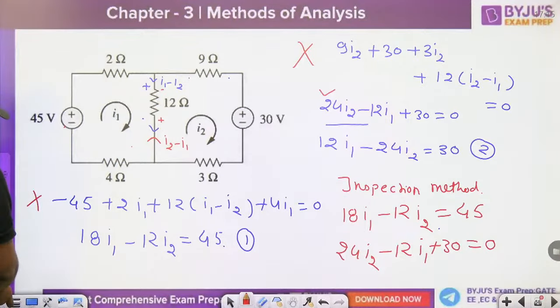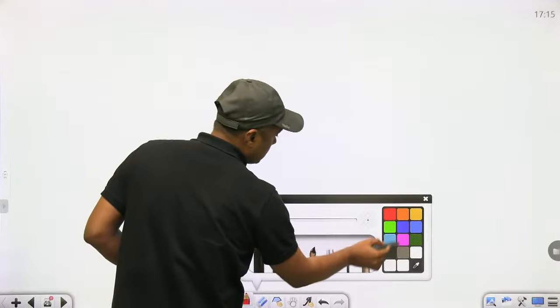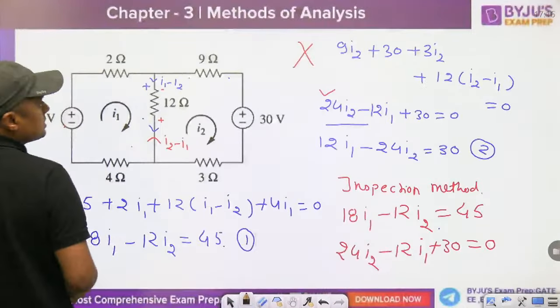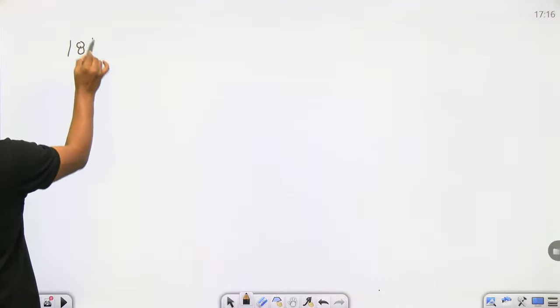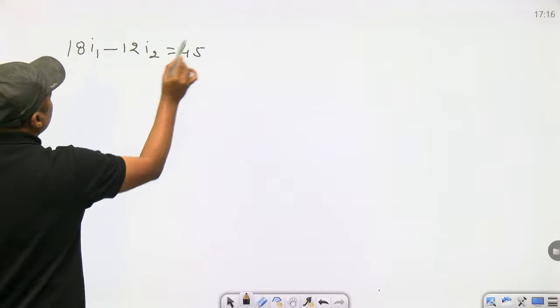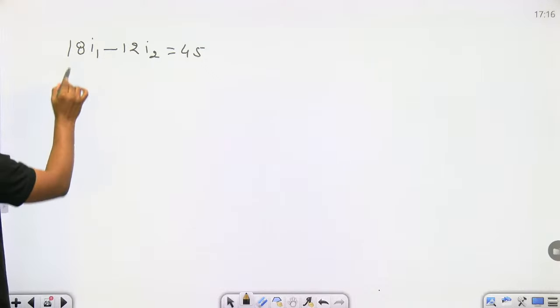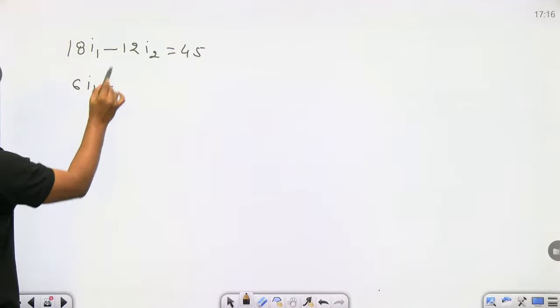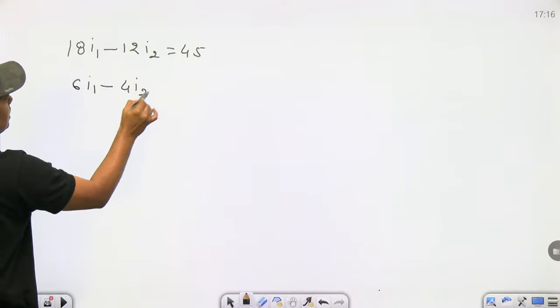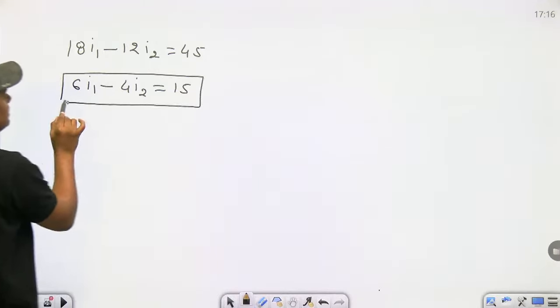Okay then. What are the equations? 18 I1 minus 12 I2 is equal to 45. Always remember, can we reduce this? Yes, it is divisible by 3. So it will become 6 I1 minus 4 I2 is equal to 15. We can divide it. That is the equation.